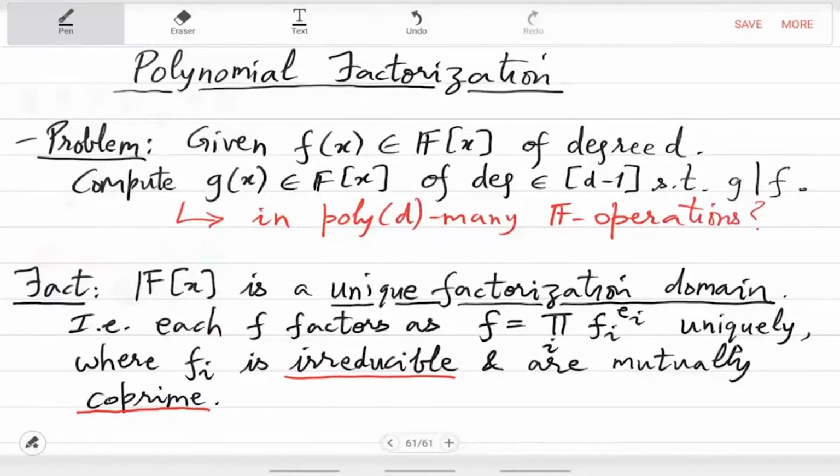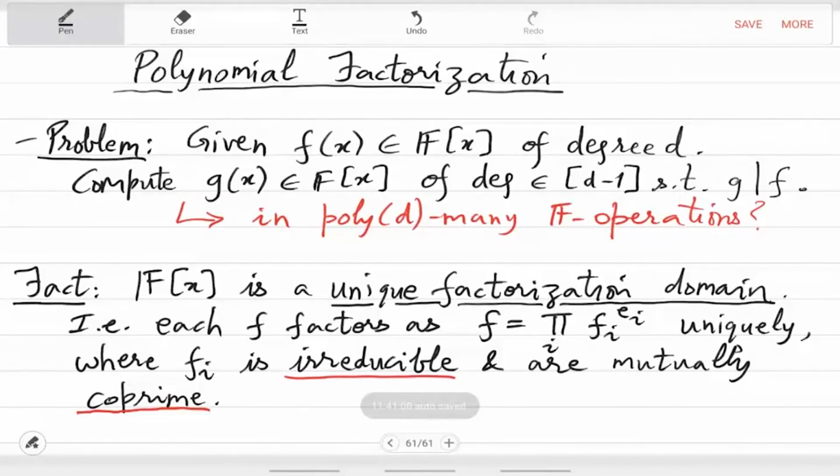Yeah, that's a fact. Now you can actually prove it because you have seen GCD, etc. By first principles you can prove this, using the GCD algorithm. If there is a different factorization, product of gi^ei', then you can argue that gi has to be some fj.